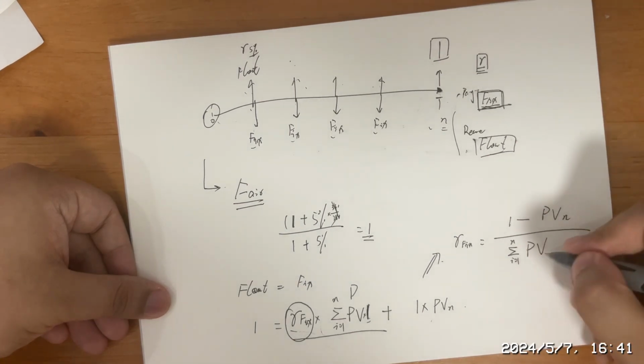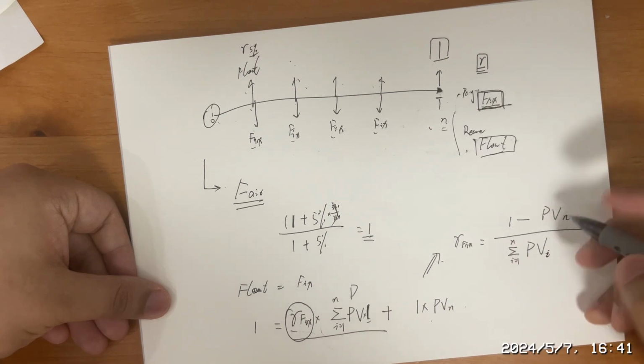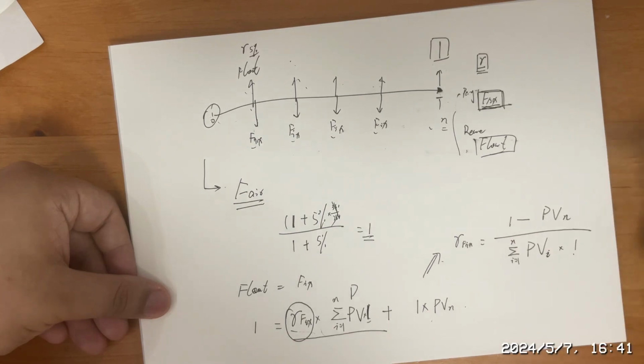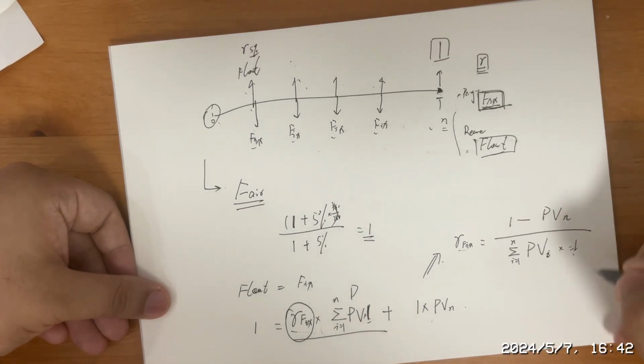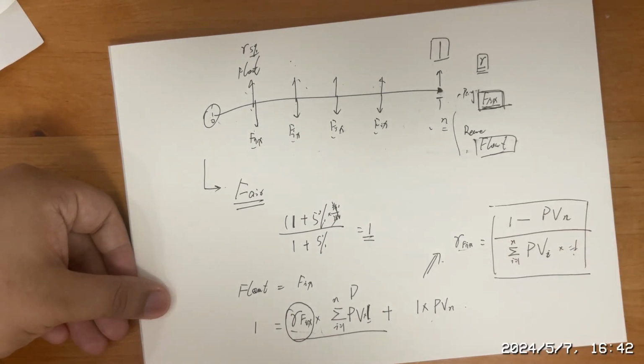That's it. Multiplying by 1 changes nothing, so I'm going to omit it. That is the formula we're aiming for.